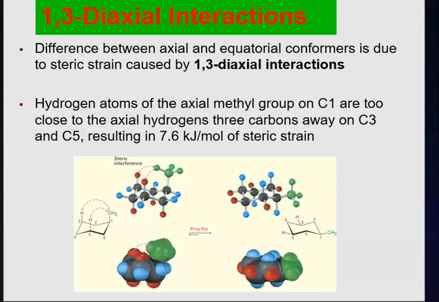In this slide you can see a methyl cyclohexane. One is in the axial position, you did the flip and you got the equatorial position. The longer arrow is drawn towards the more stable conformer, where the CH3 is equatorial.